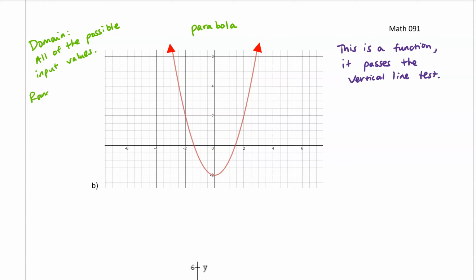And the range is all of the output values. So if we were returning to the vending machine analogy, the domain would be like the buttons that you're able to push, and the range would be all of the snacks that could pop out.